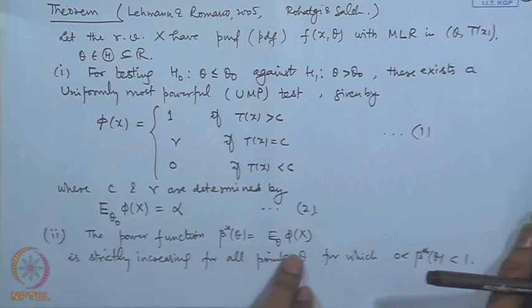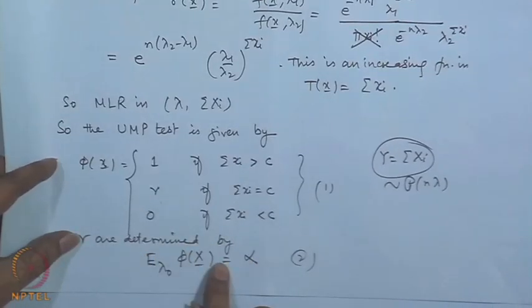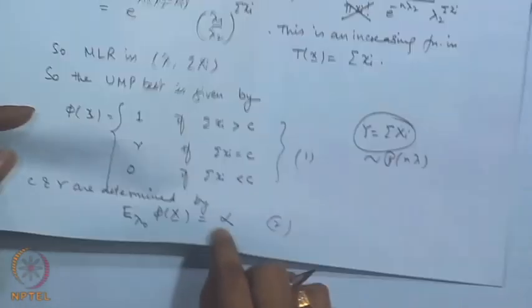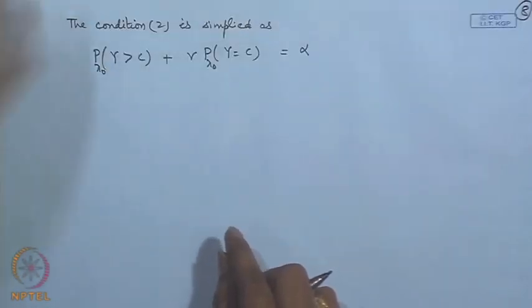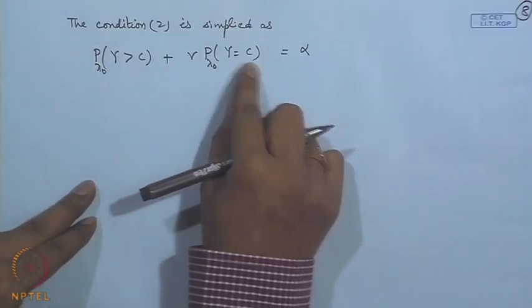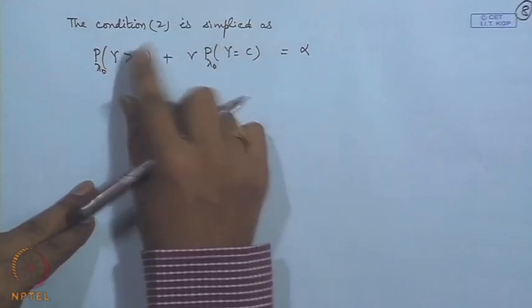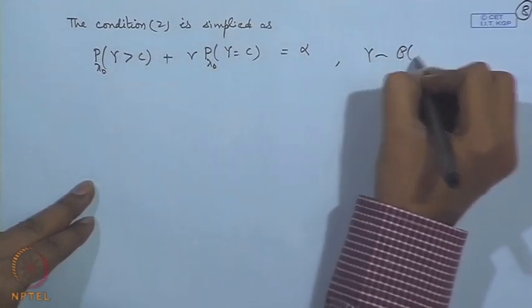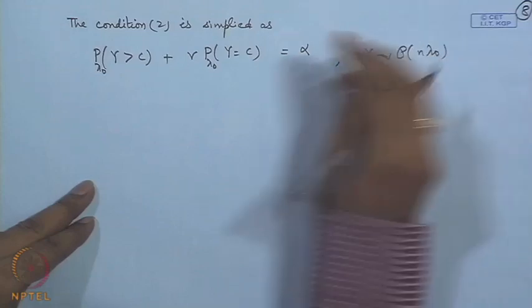So, when θ is equal to θ0, at that point the maximum value is obtained. So, effectively this condition is the size condition, that is the expectation of φ(x) at λ0 equals α. This is the maximum probability of type 1 error here, that we are fixing to be equal to α. So, the size condition is now reduced to a condition involving the Poisson(nλ0) distribution.